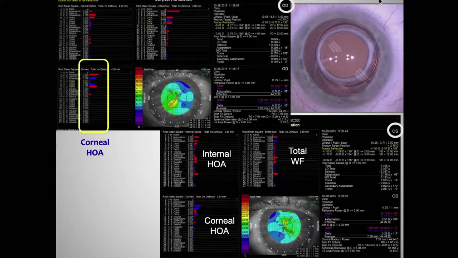When you talk about higher order aberrations, I think for a 6 millimeter pupil, if I see especially coma greater than 0.4 microns, that's when it's a red flag for multifocal IOLs. In terms of total HOAs, again, 0.4 will be my cutoff for these patients.